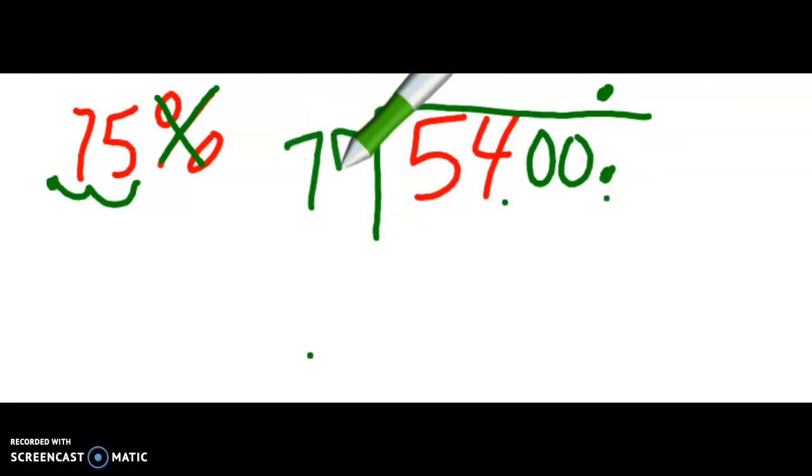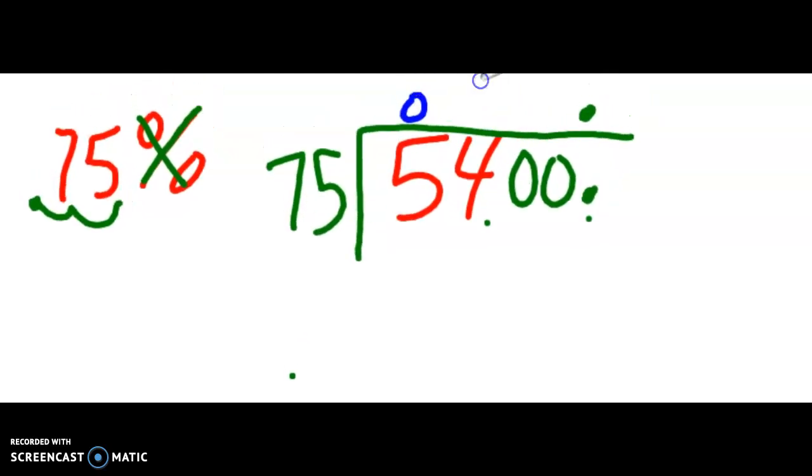So now we're going to do 75 into 5,400. It does not go into 5, it does not go into 4. 75 goes into 540. Well, think about this for a second. 75 is almost 100. So how many 75s or how many hundreds can you get out of 500? Well, there's a good 5, we know we can at least get 5. And since we still have some left over, I'm going to try for 7.